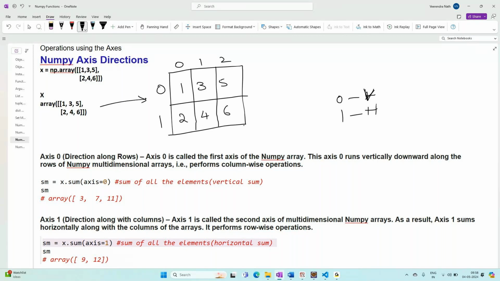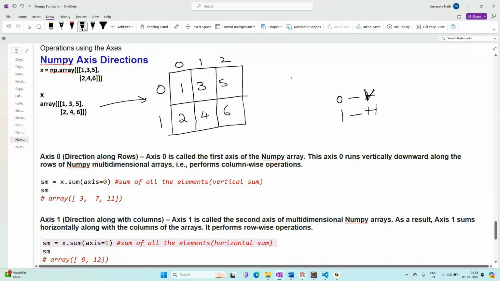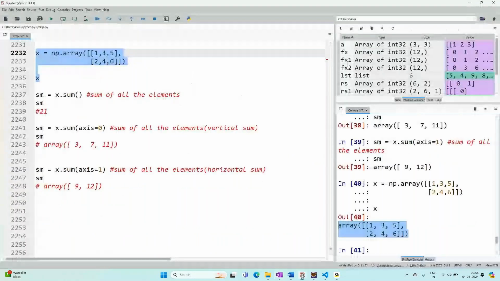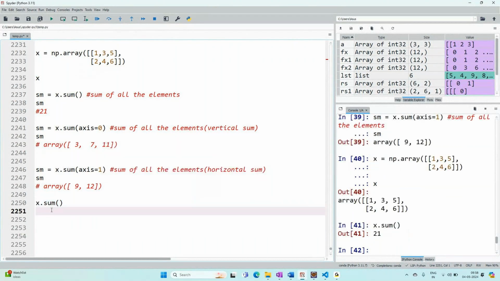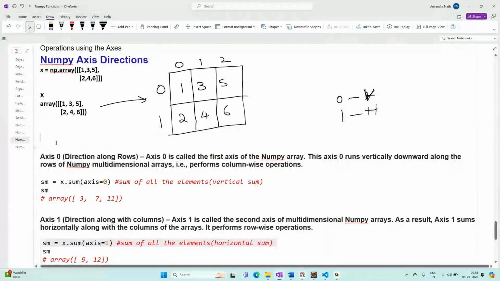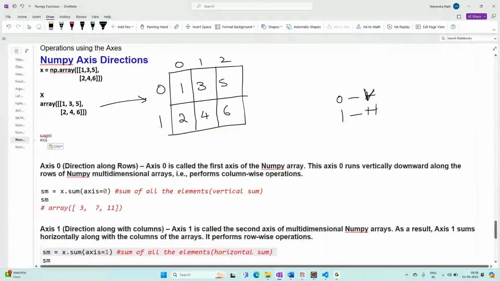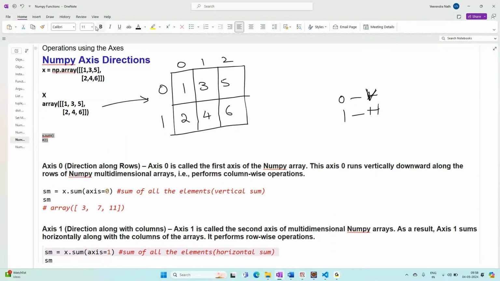Now if you are not using any axis, for example if I say x dot sum, what will happen? It will give you 21. Why is it giving you 21?